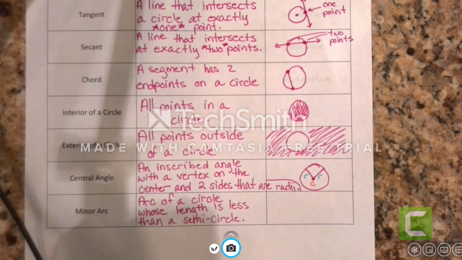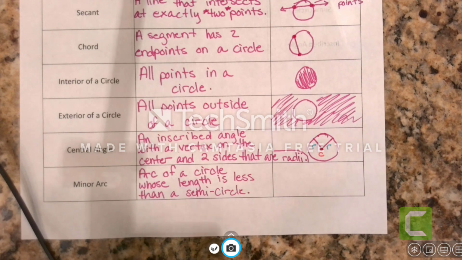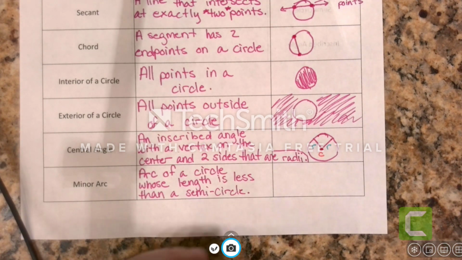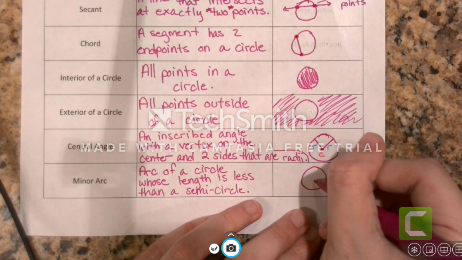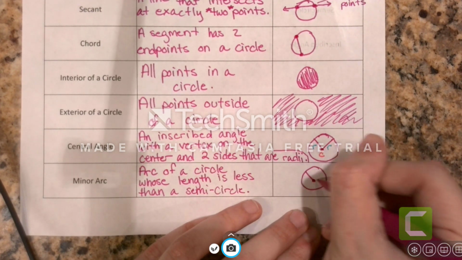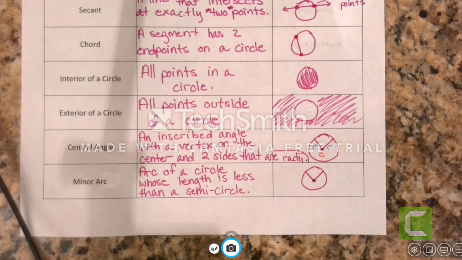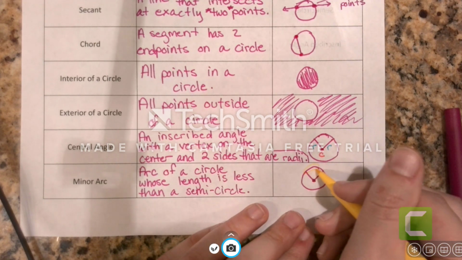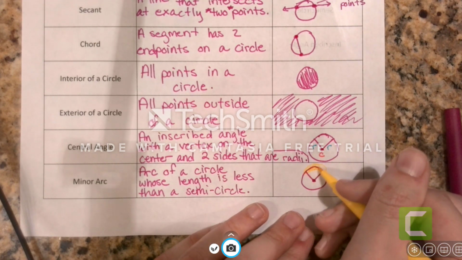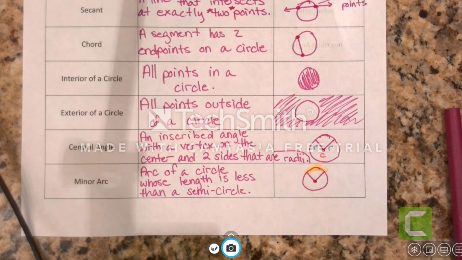So let's touch on that real fast. Again, lots of stuff going on in this definition, but it's not as bad as it looks. What we're referring to is that intercepted arc that we see above. The minor arc is this smaller cut arc right here. I'll color it yellow just to see. And if you can't see, I apologize.